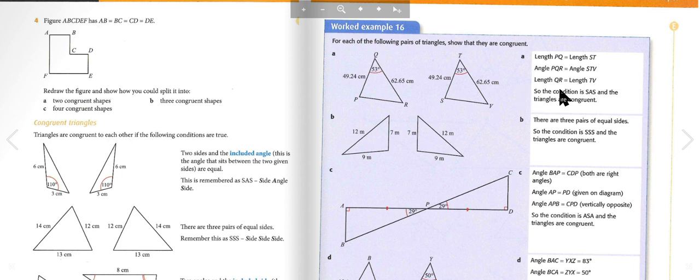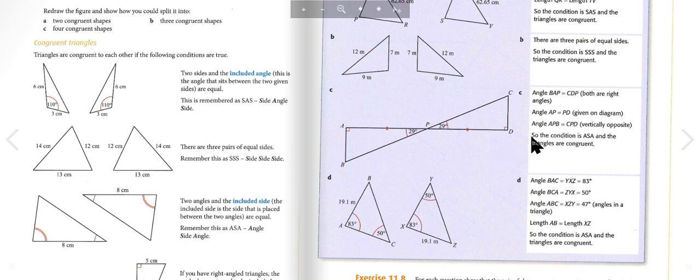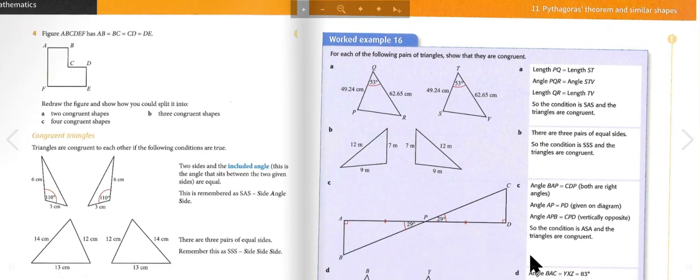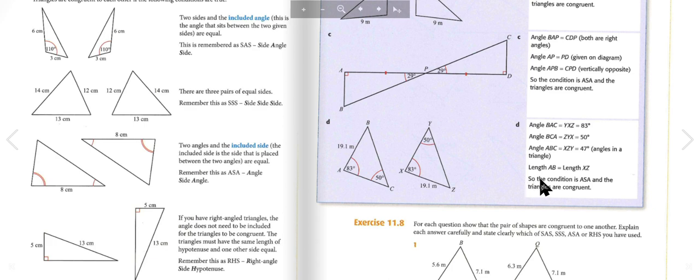So the condition is SAS and the triangles are congruent. Here, the condition is SSS and the triangles are congruent. Here, the condition is ASA and the triangles are congruent. And here, the condition is ASA, so the triangles are congruent.